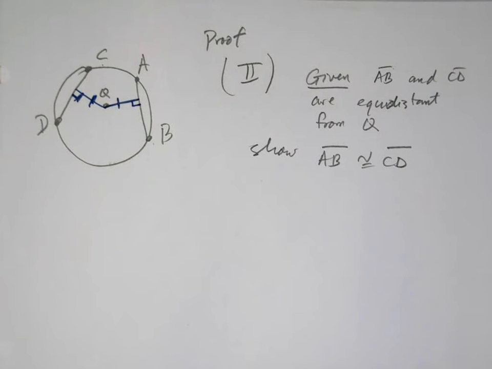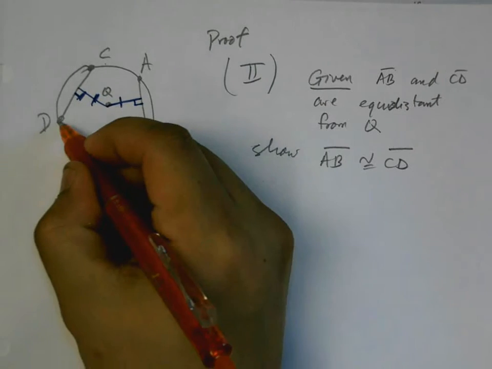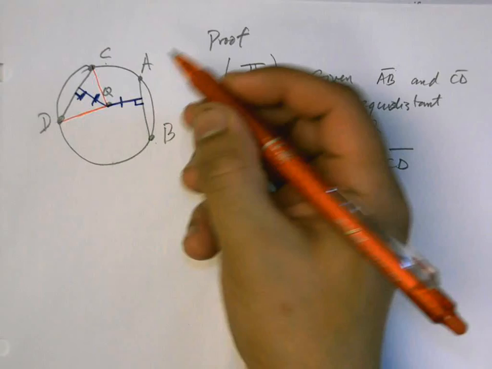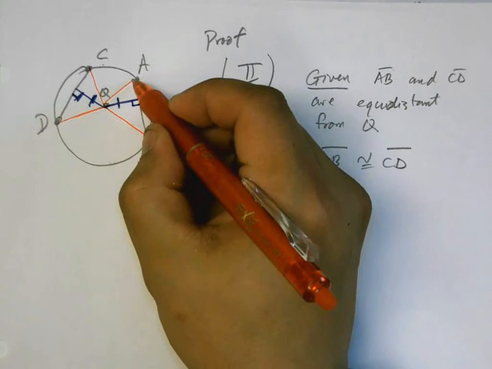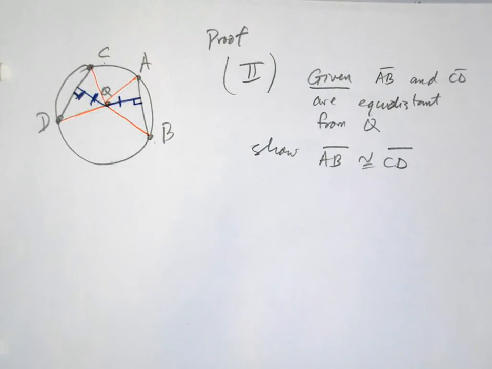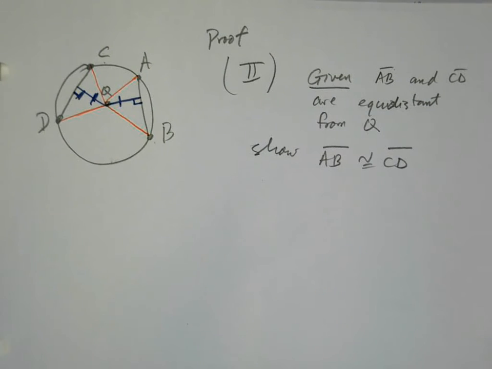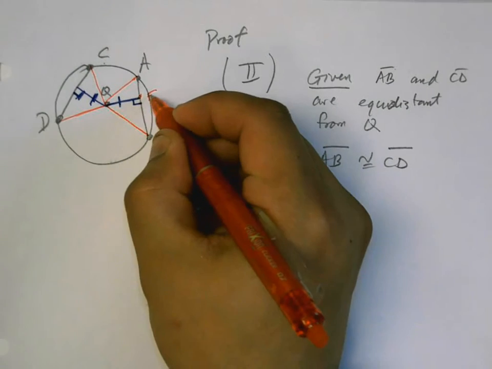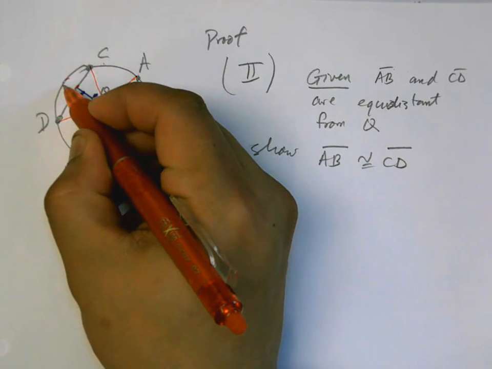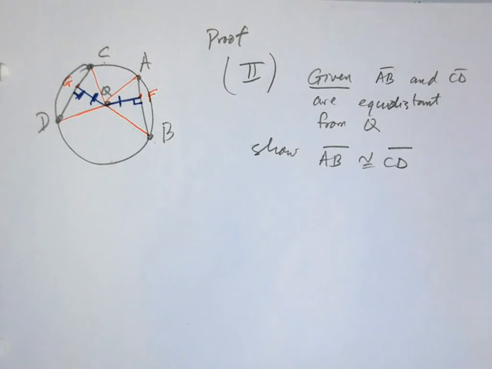Okay. So to complete this proof, it's a very similar concept to what we've been doing, which is we're going to start out by making these constructions, just drawing in these radii. And then I think I'm going to call this point here F, and this point here G, just so that we can reference them.